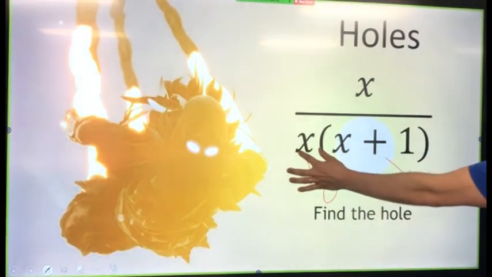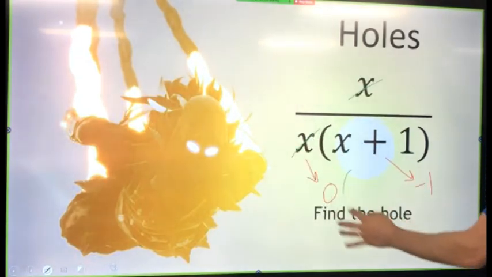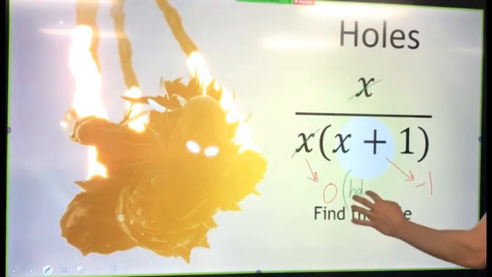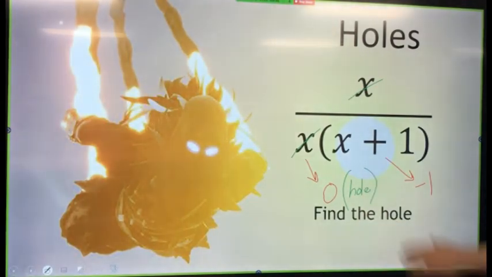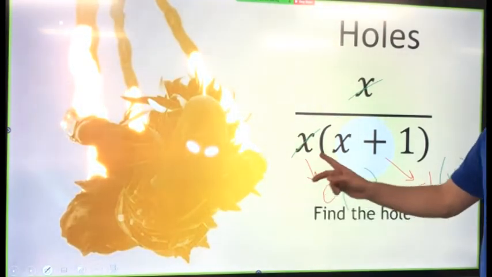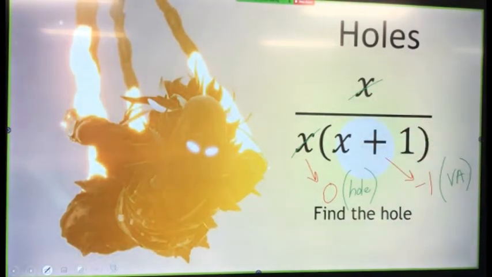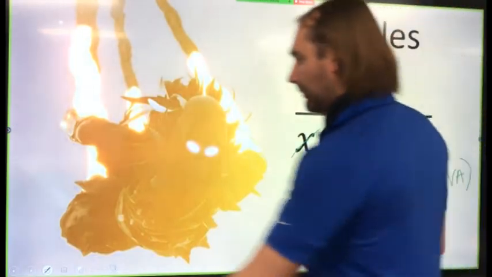This x, does it have another x value on top? Yeah. So therefore, this is a hole. This x plus 1, do I have an x plus 1 on top? No, so this is a vertical asymptote. So holes will get canceled out. They don't quite become vertical asymptotes because they only appear at the very beginning. And then when you simplify, the rest is fine.